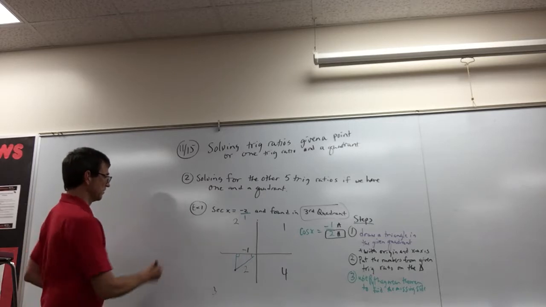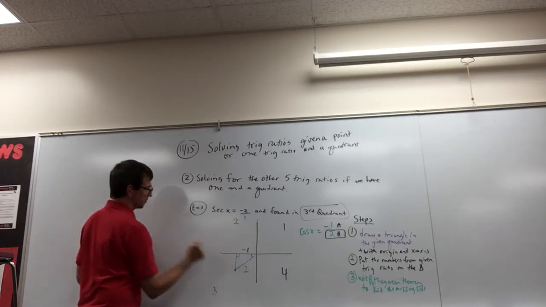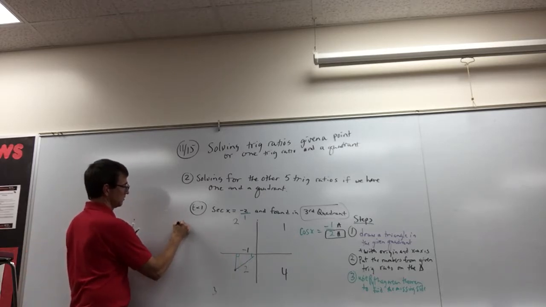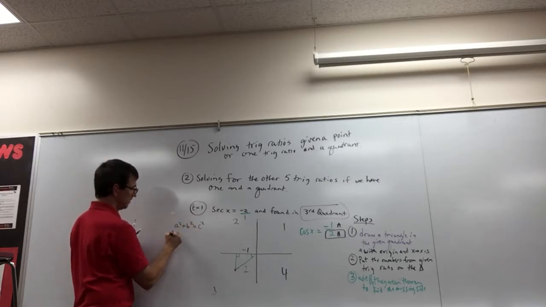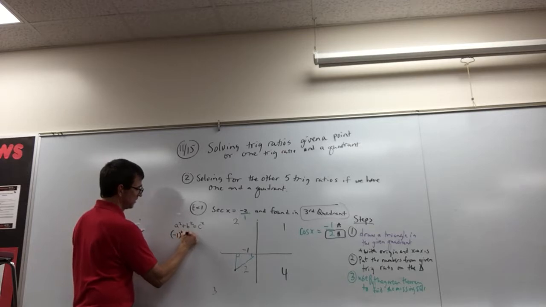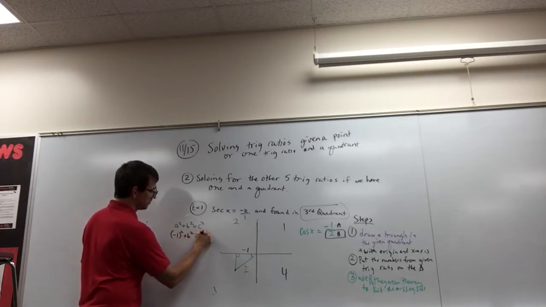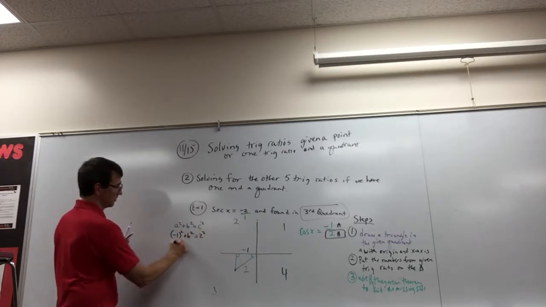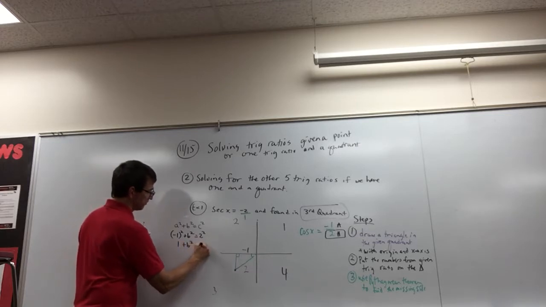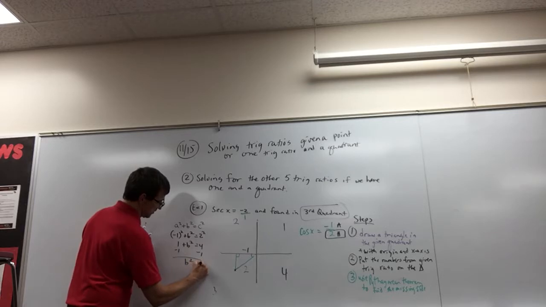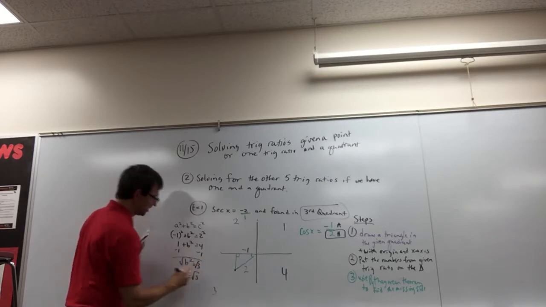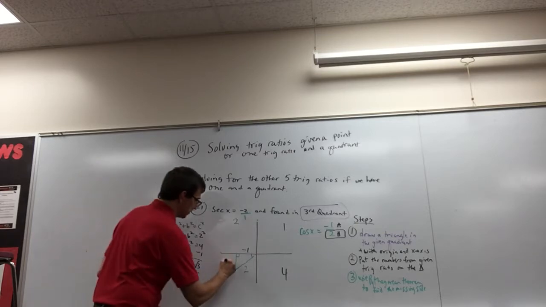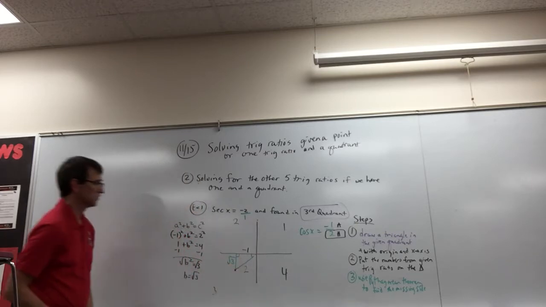Hypotenuse is one by itself, so you use a squared plus b squared equals c squared. C is the hypotenuse, so we'd have -1 squared plus b squared equals 2 squared. And then I solve this. 1 plus b squared equals 4. Subtract 1, we get b squared equals 3, and then you square root, b equals the square root of 3, and that's our missing side. So we fill it in.